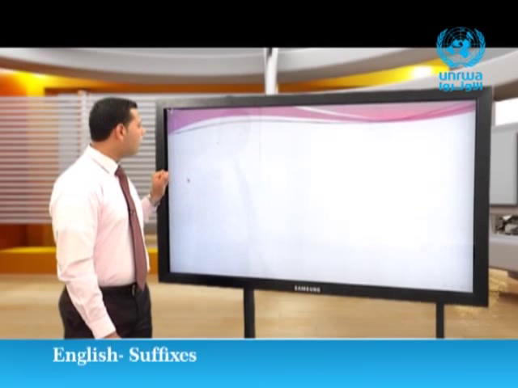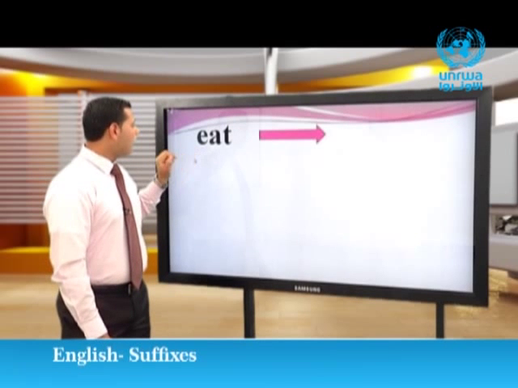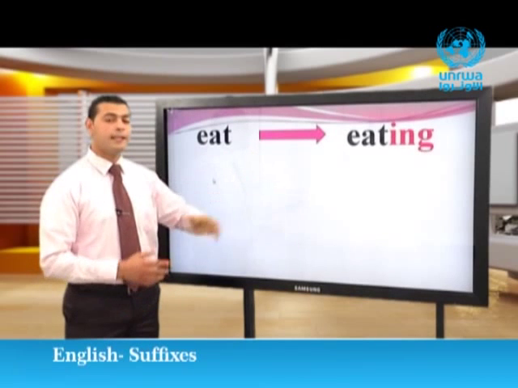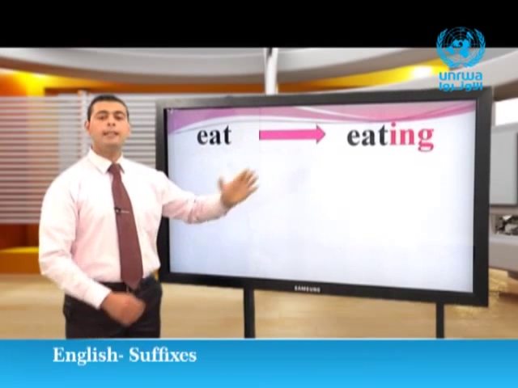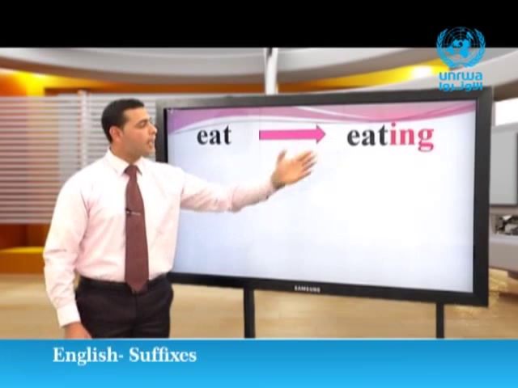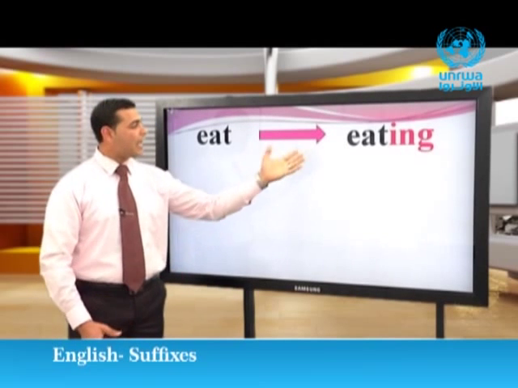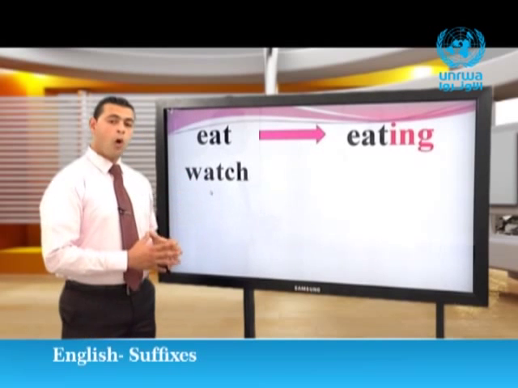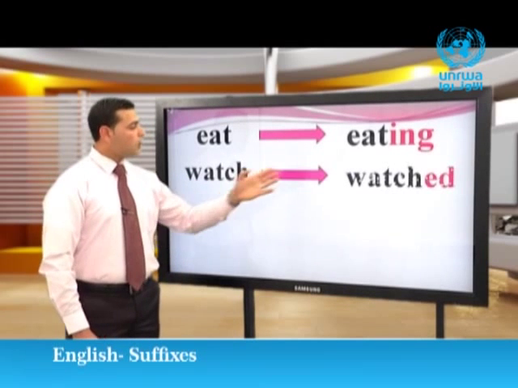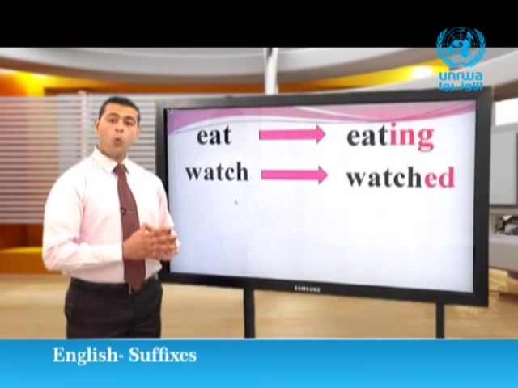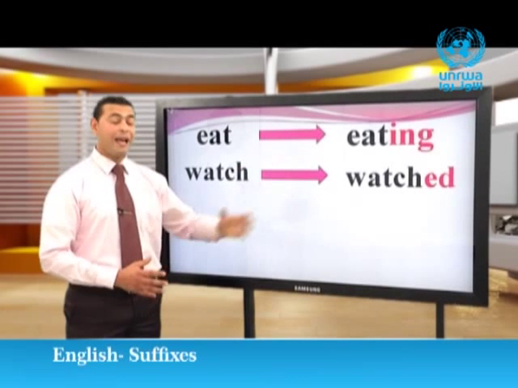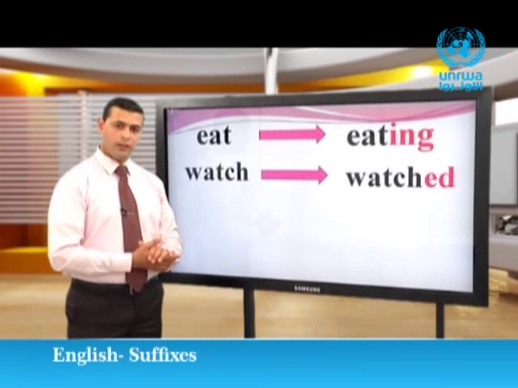Alright. Look at this example. Here we have the verb eat. Eat, eating. We added the suffix ing to the verb so that we have another verb. Watch. Here we have watched. We added the suffix ed to the word watch and we had a new word which is watched.